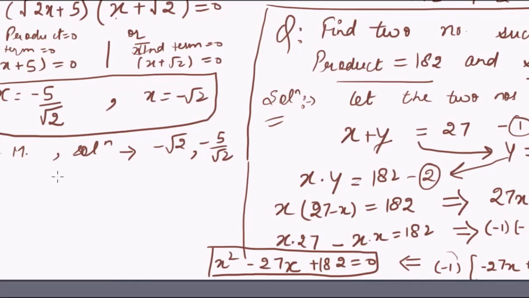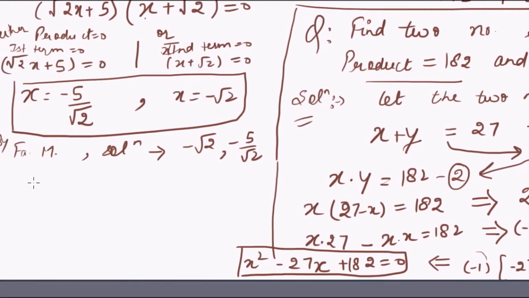Let us solve it. The product here is 182 into 1, which is 182, which is 2 into 91, or -2 into -91, and 91 is 13 multiplied by 7.